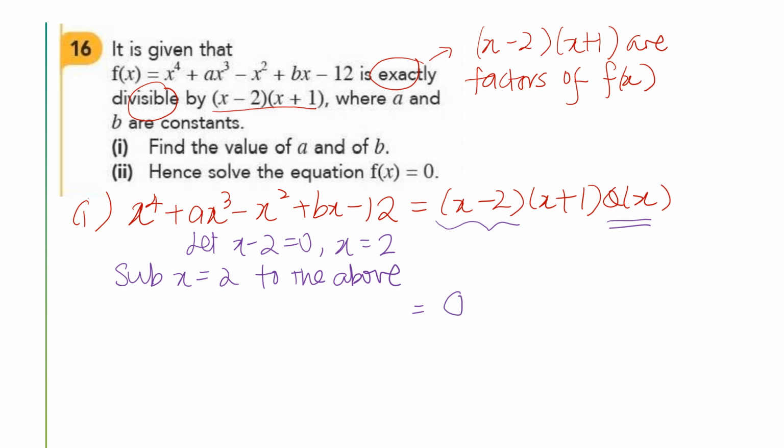Then on the left hand side we need to substitute 2 into the x. Alright, so that simplifies it. So this one here and this, you can just use your calculator to work this out.